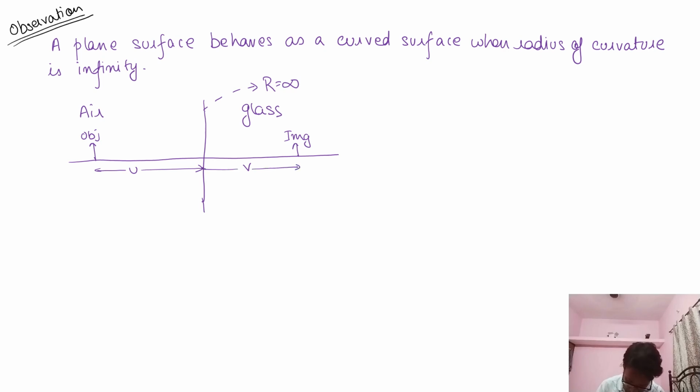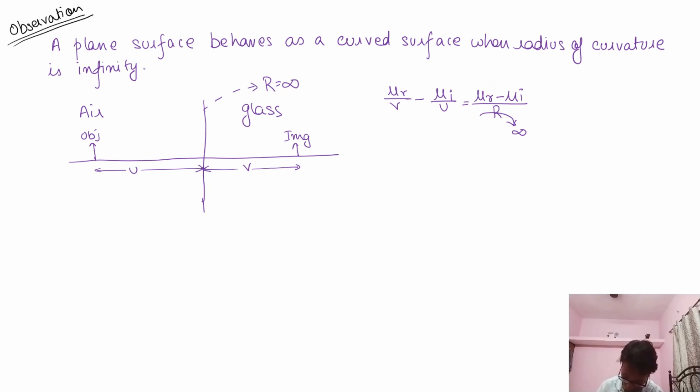The relation between object distance and image distance would be given by mu r by v minus mu i by u is equal to mu r minus mu i divided by R. This R goes to infinity in case of a plane surface, so this entire term becomes 0.